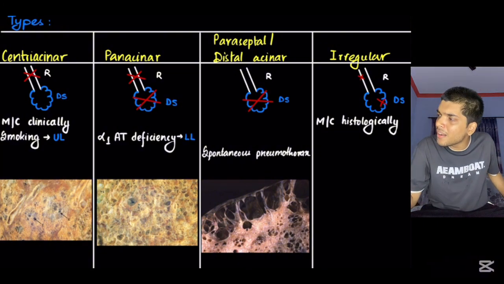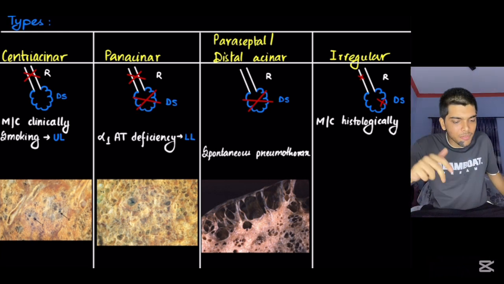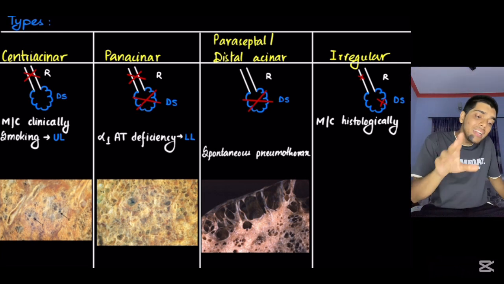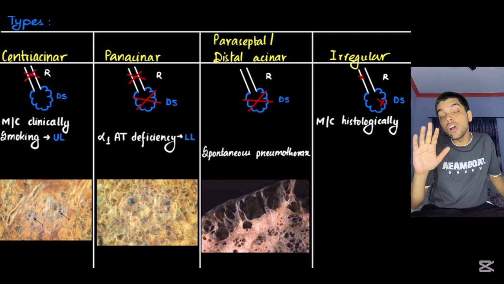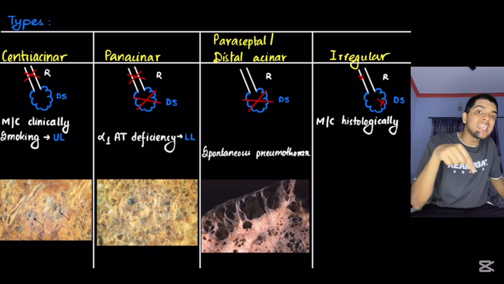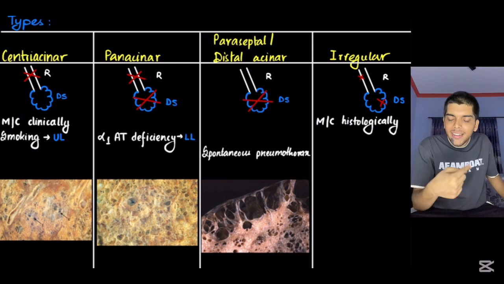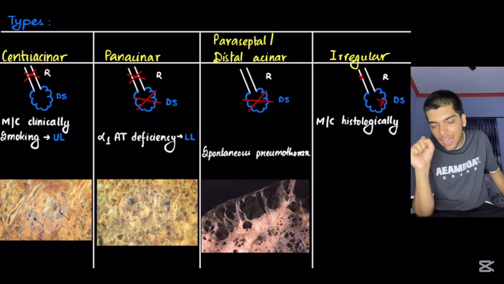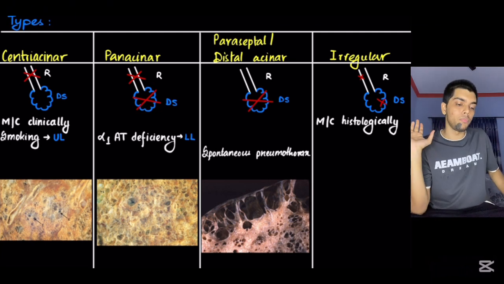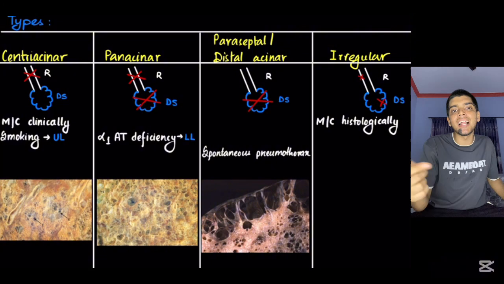Somewhere it's the respiratory bronchiole that is affected, somewhere it is the alveolar duct and sac that is affected. Most common clinically, centri-acinar. Most common histologically, irregular. Smoking causes centri-acinar, affecting the upper lobe. Alpha-1 antitrypsin deficiency causes pan-acinar, affecting the lower lobe. Spontaneous pneumothorax is seen associated with distal acinar.